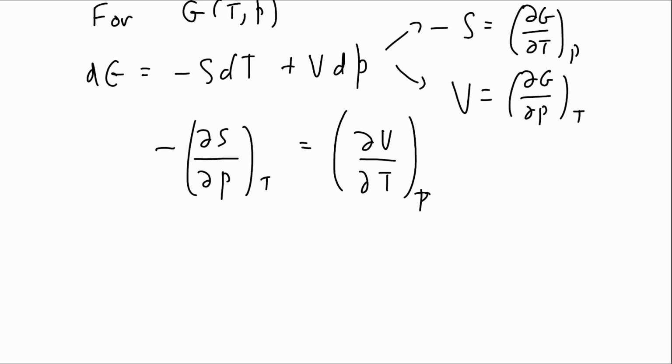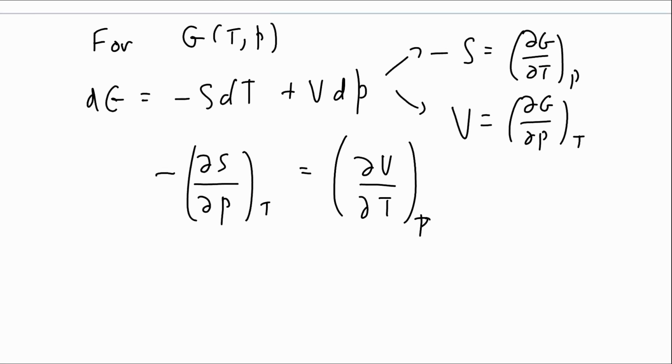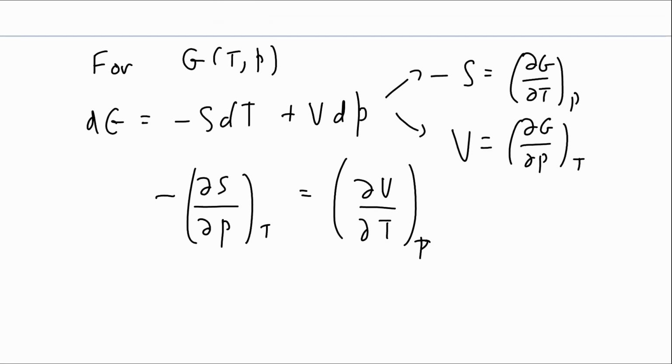So if I gave you minus partial S partial P at constant T as something you had to figure out, I would see there's a P here and a T here, and I'd think temperature and pressure, it's got to be G, and it's got this.